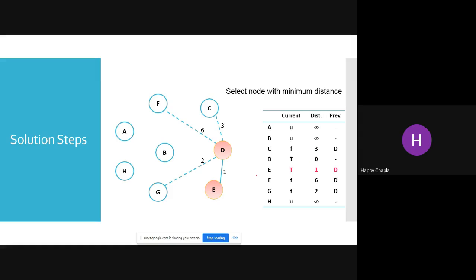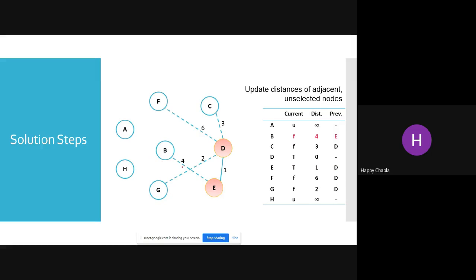Now it's time to find the adjacent node of E with the minimum distance. So starting from E, we have to find the next adjacent node of E. Here we have the adjacent node E to B, and other nodes are as they are, with 1, 2, 4, 6 and 3, because these nodes are unvisited and still unselected.